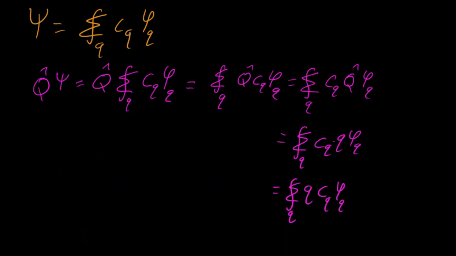So we can do this, and I'm going to do this with a few superpositions. I'm going to do mainly the x hat acting on some psi, right, is going to be the superposition over all values of x of x, cx, phi x, right?